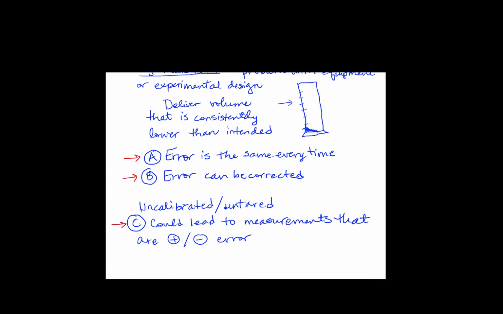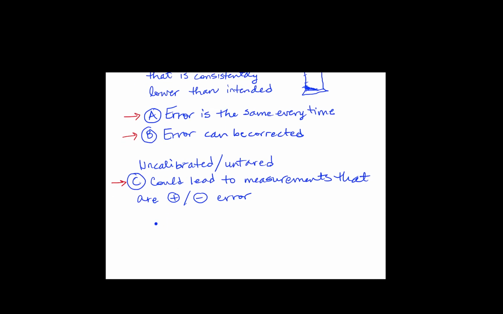The only real way that we can figure out whether or not we have systematic error taking place in the first place is that we must compare our measurements to a known value. In the case of a balance, I might take a standard weight and put it on the balance, and then I could discover, oh gosh, this is supposed to be a 50-gram weight, and it's really reading 52.315 grams, and then I might notice that I hadn't tared it.